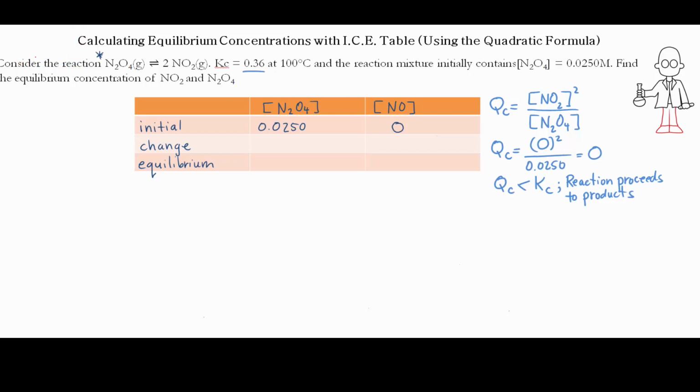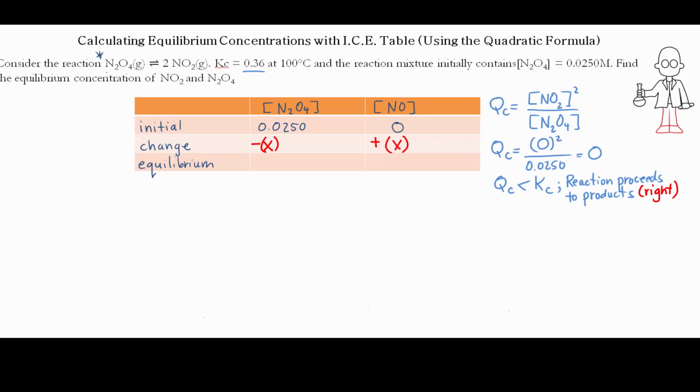If the reaction is going to proceed to the right, that means our change is going to be a loss in concentration of x and a gain in concentration of NO2, which is the product.